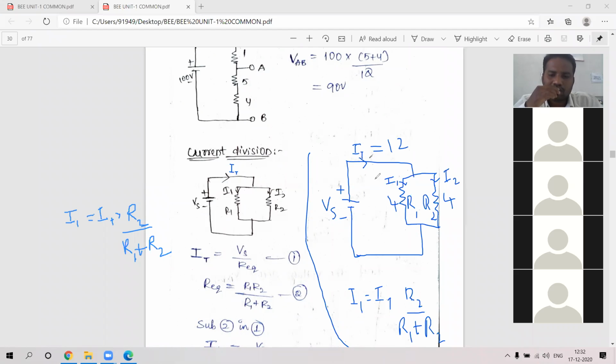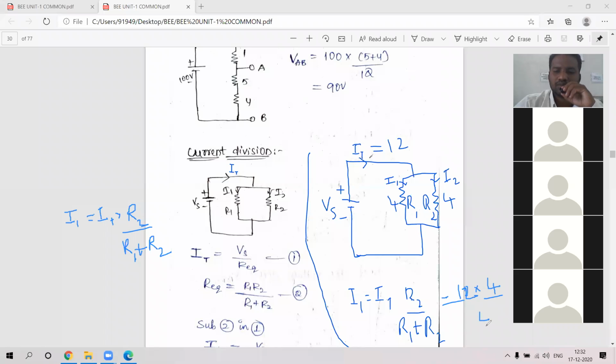Substitute: I1 is equal to I total into R2 by R1 plus R2. What is I total? I total is 12. What is R2? The opposite resistor is 4.